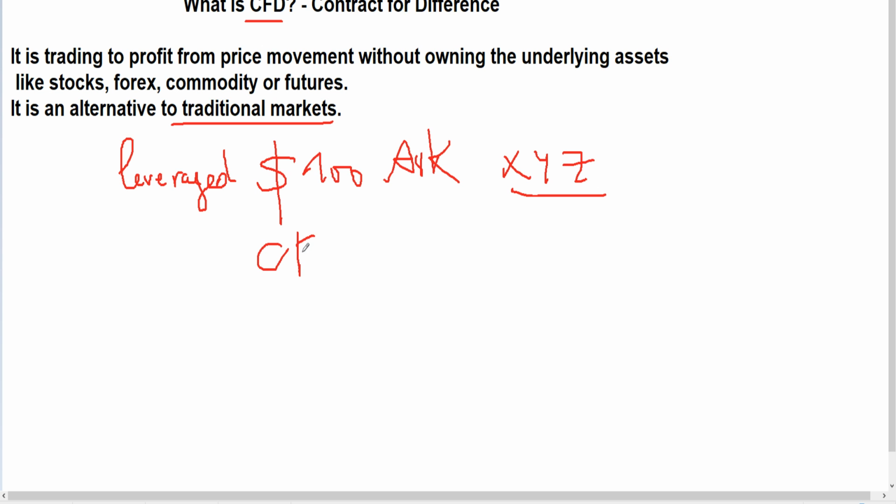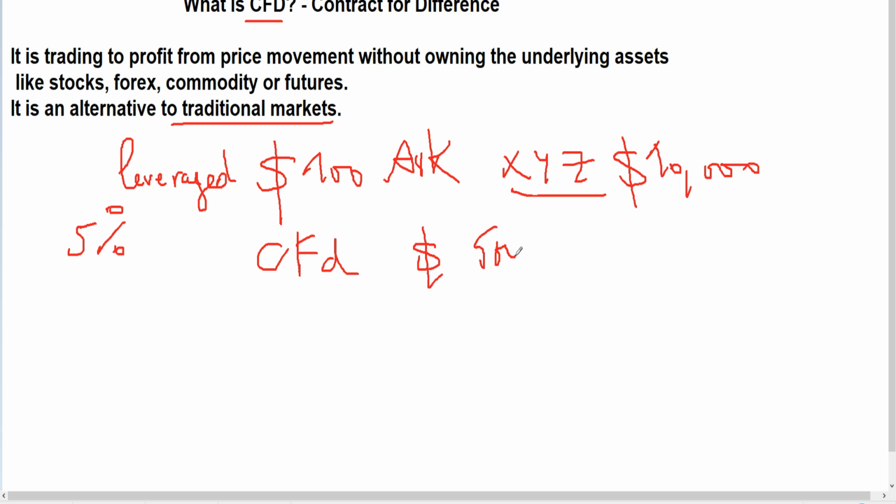You are not going to put $10,000 to buy the 100 shares. For example, they ask you only 5% to own this stock, which is a CFD. 5% of 10,000 means you are going to pay $500 to own this stock.